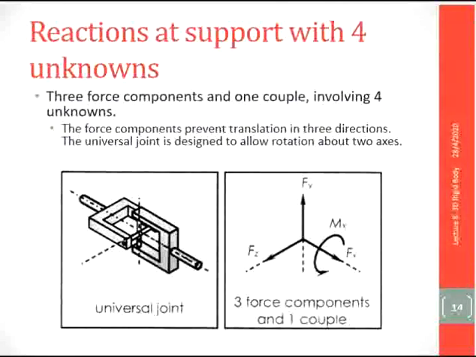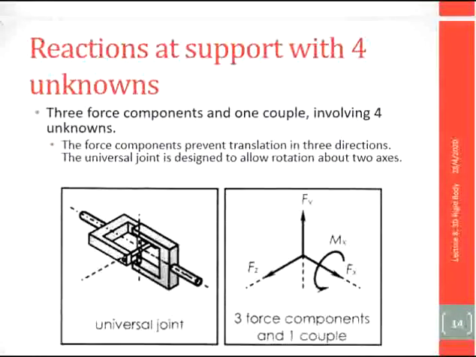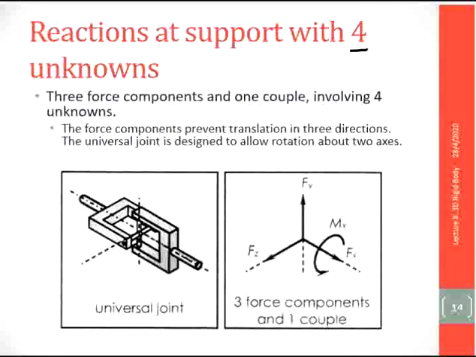And for the support with four unknowns, for example, here is another connection. This connection is a universal joint. This one is already joined together here, so it cannot move in the x direction, so there is a reaction in the x direction.